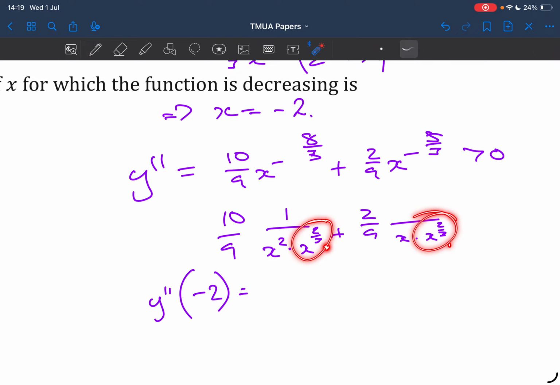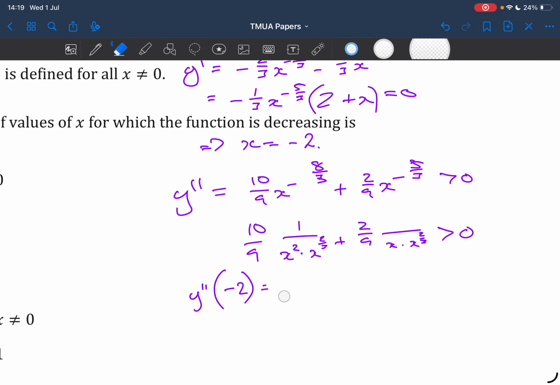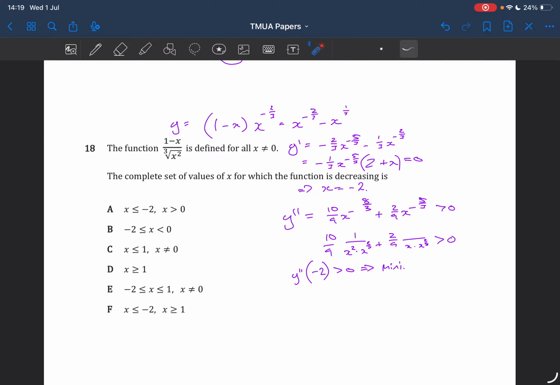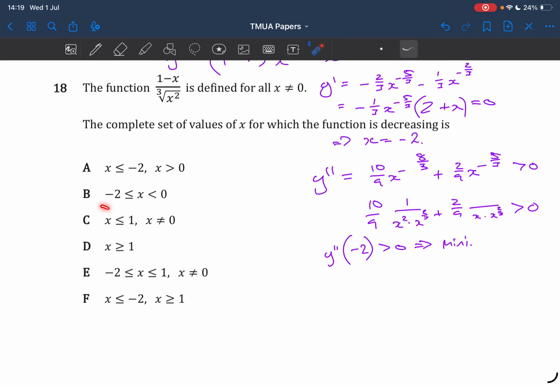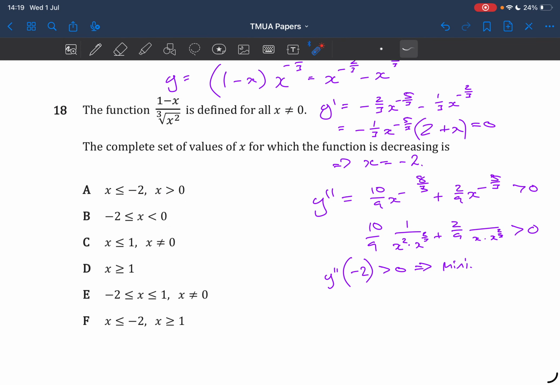This is negative. Oh no, because it's going to be squared, isn't it? So no, it's all going to be positive. Everything's positive. So the whole thing is positive. So that tells us it is a minimum. So I think it's going to be bigger than minus 2. x is bigger than minus 2. And then there was an asymptote.